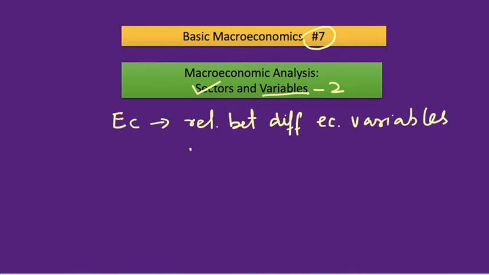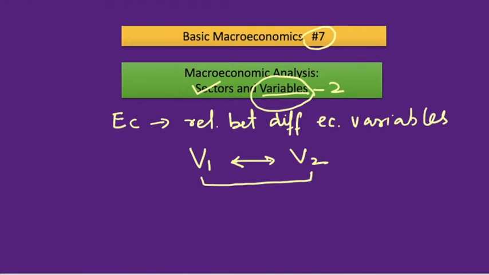So you have different variables, for example variable 1 and variable 2. Now they have some relationship with each other, and it is these relationships that we are looking for, analyzing, and focusing upon in economics. So it is really very important that we focus on variables.